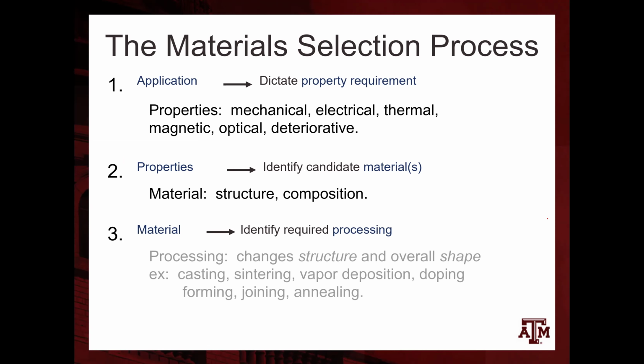And to arrive at that structure and composition, we will have to use a specific manufacturing method or processing method to be able to achieve such specific composition and microstructure.